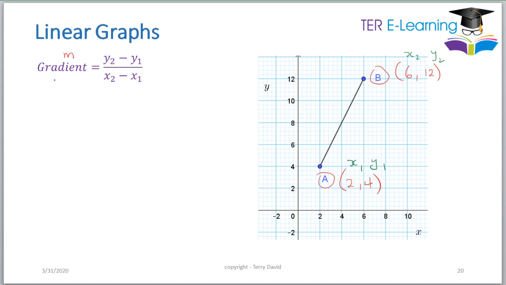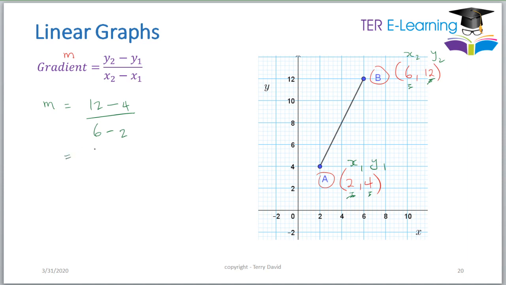So my gradient M is equal to y2, which in this case is 12, that's this value here, minus my y1, which is 4. So it's 12 minus 4 divided by my x2, which is this value here, 6, minus my x1 value, which is this value here, 2.